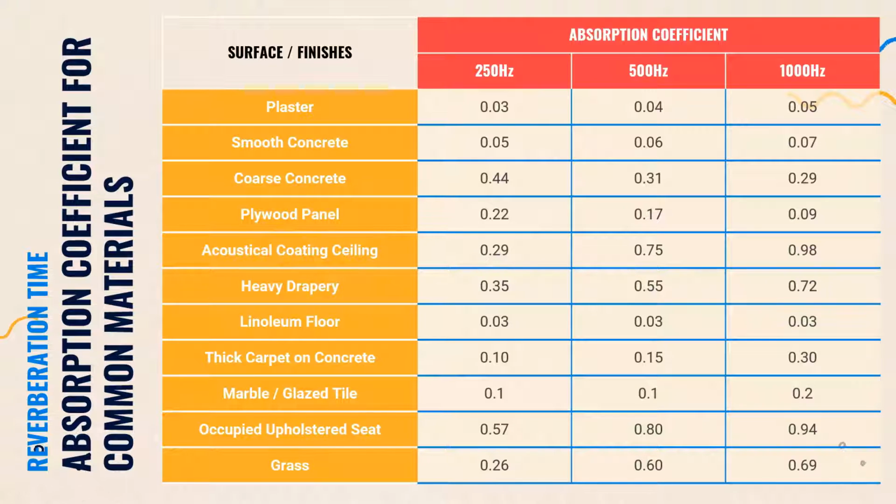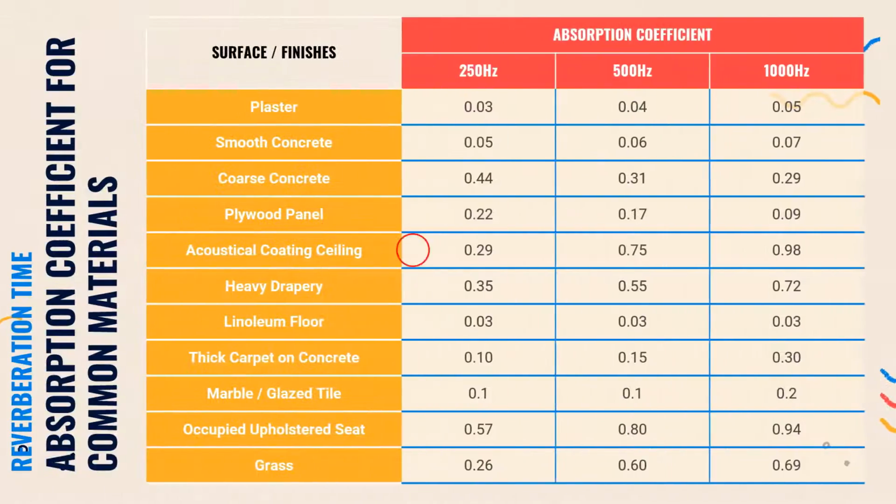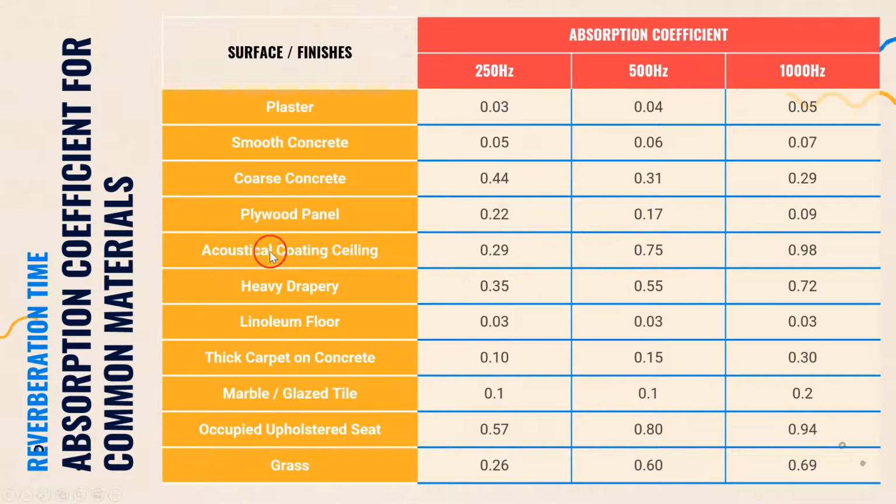Or maybe add plywood panel at the wall. Or you can see here, you see the number. For acoustical ceiling it is 0.75. Another one, for example, plaster is 0.04. So the higher the number, the better the absorption coefficient is.